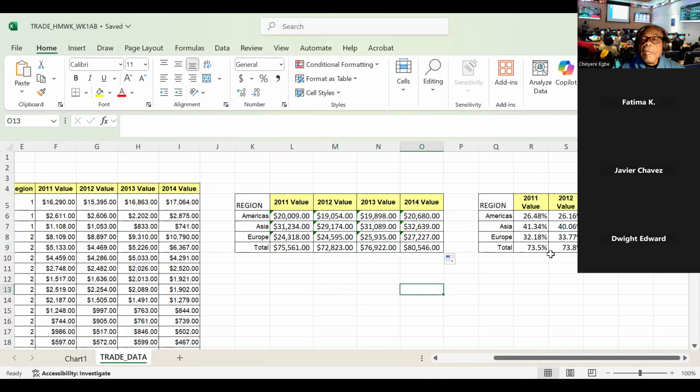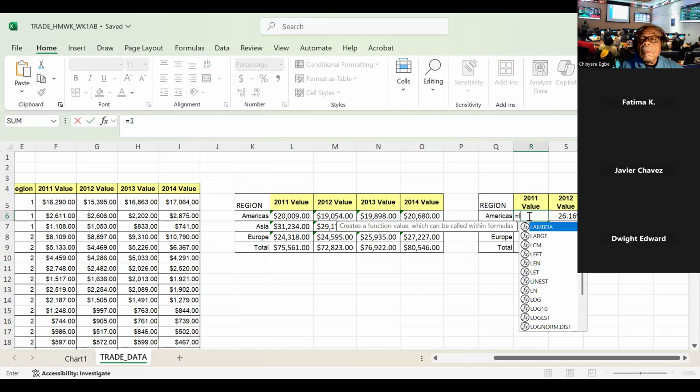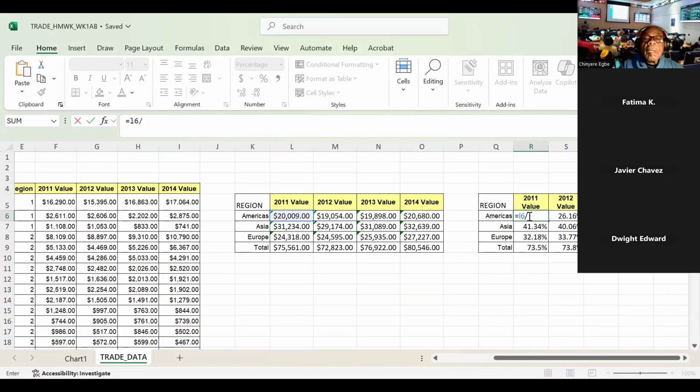And so now how do you calculate the percentages? That's equal L6 over the total. It should be your total of the 2011 Americas, dollar L, dollar L 9.